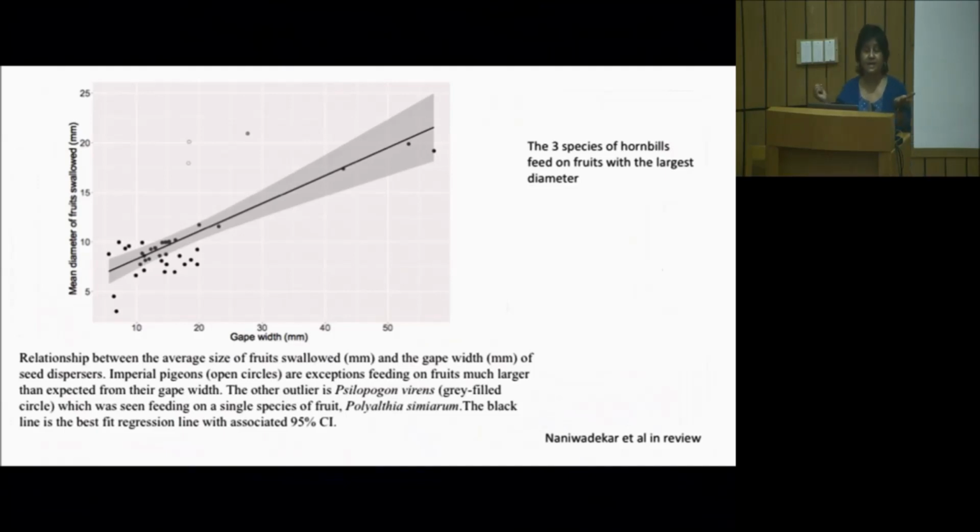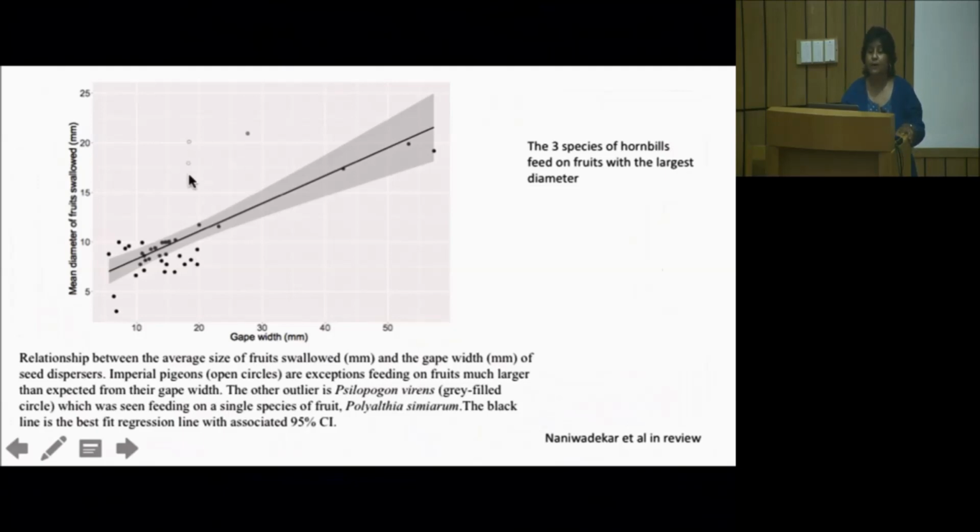And given that hornbills have very large gape widths, our work has shown that the 3 species of hornbills in this graph, you can see that they stand out as the 3 frugivores that swallow the largest diameter of fruits, compared to some of the other frugivores which are only able to consume fruits below 2 centimeters.